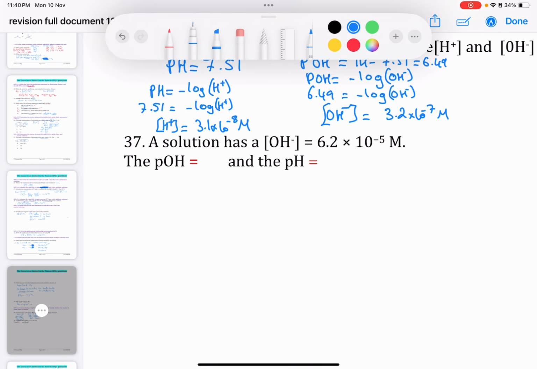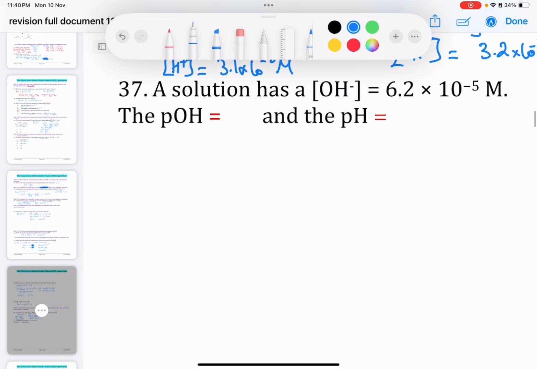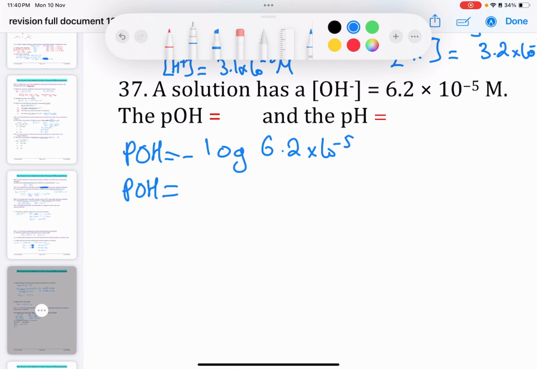A solution has OH minus 6.2 times 10 to the power negative 5. So first of all, we're going to start with the pOH. pOH is equal to minus log OH minus. Minus log 6.2 times 10 to the power negative 5. Therefore, pOH is 4.21.